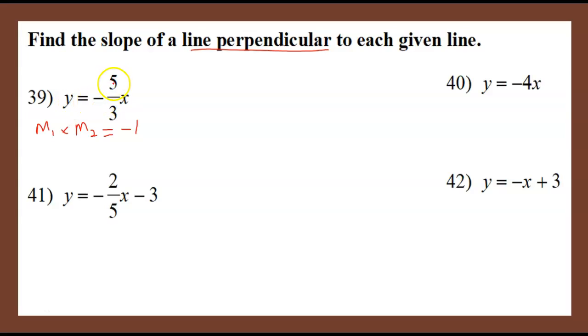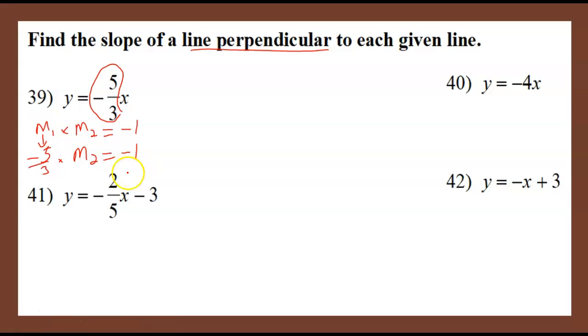y equals negative 5 over 3 x. So there's no y-intercept, it is 0, but negative 5 over 3 is multiplying x, it is the coefficient. So that is our m1. So we take that number. That's our m1. Substitute: negative 5 over 3 times m2 equals negative 1.